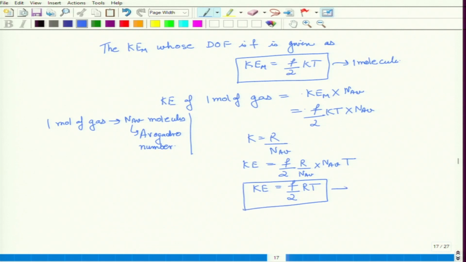This is the kinetic energy of 1 mole of gas. Now we can generalize it for n moles of gas. So the kinetic energy of n moles, since this is for 1 mole, is n F by 2 RT.